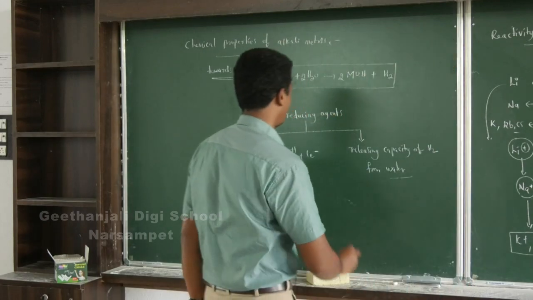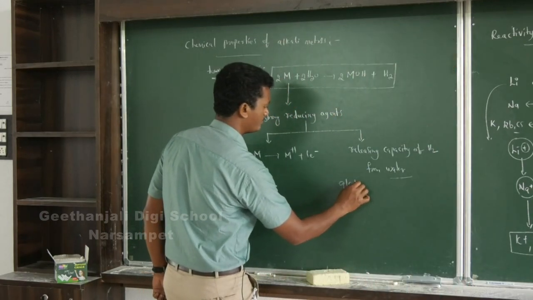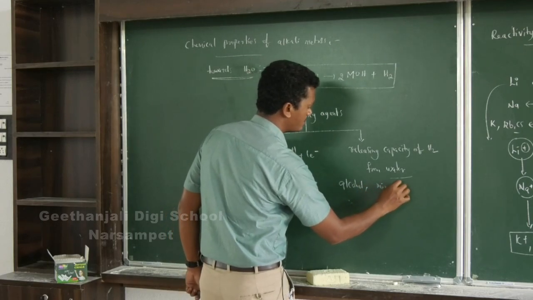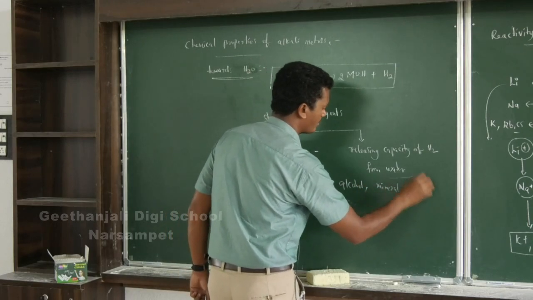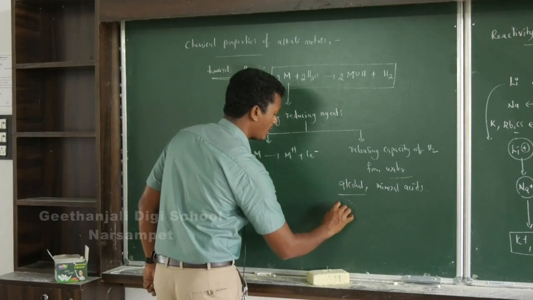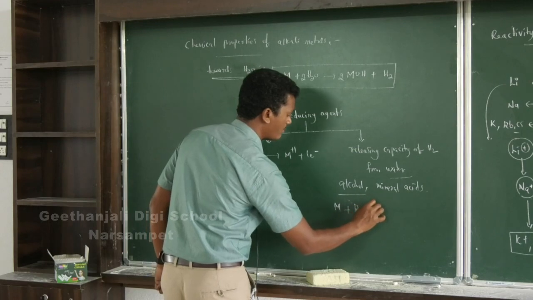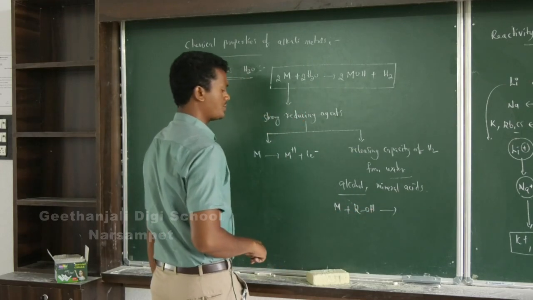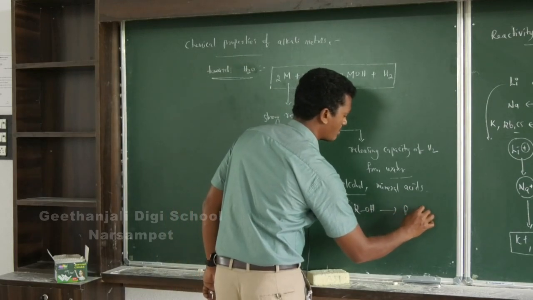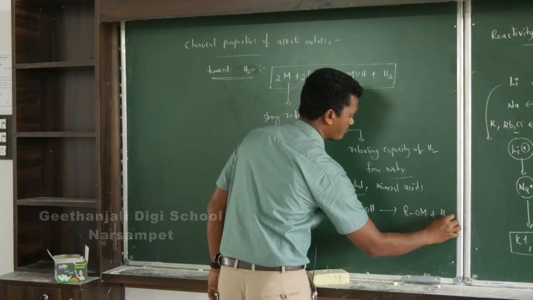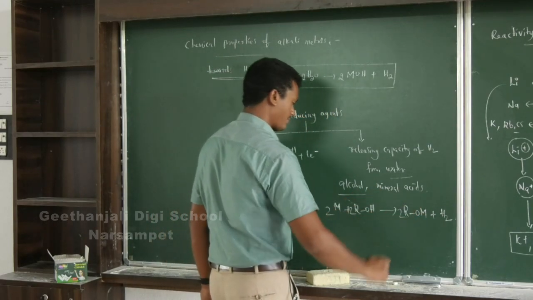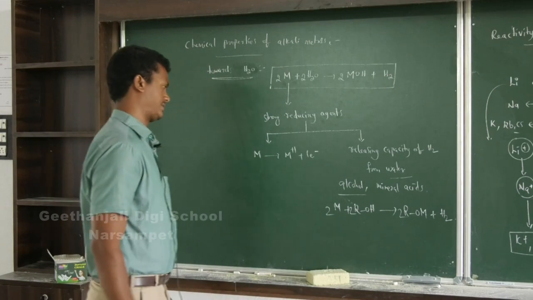For example, like alcohol or mineral acids. Whenever we take alcohol, the common formula of alcohols is R bond OH. When alkali metals react with these alcohols, they form R bond OM with liberation of H2. That means we require 2 ROH, 2 ROM, 2M, and hydrogen gas will be released.